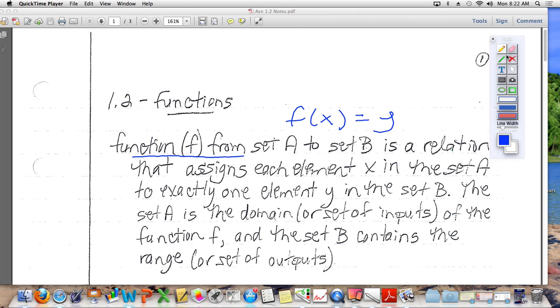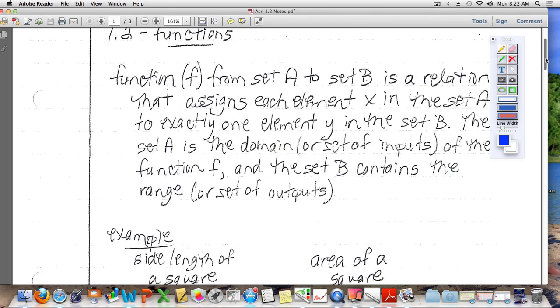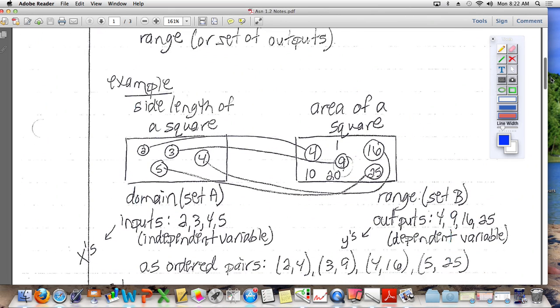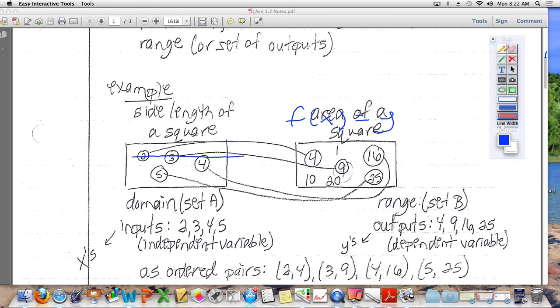All right, let's move on here. An example of this is if you have the side length of a square.